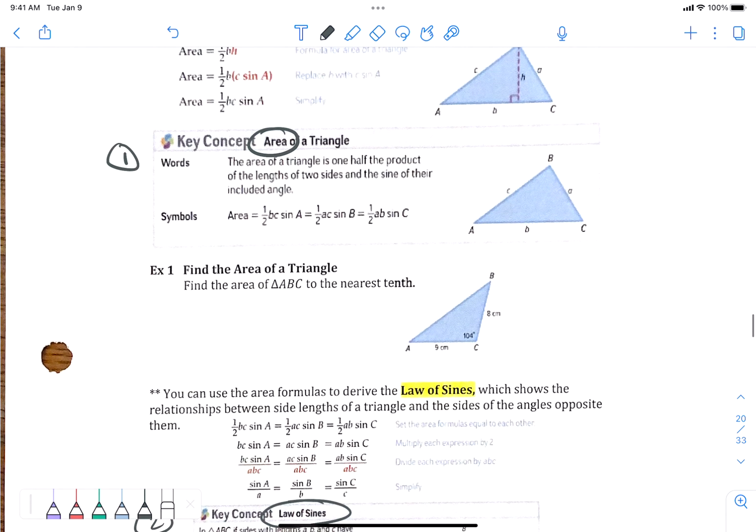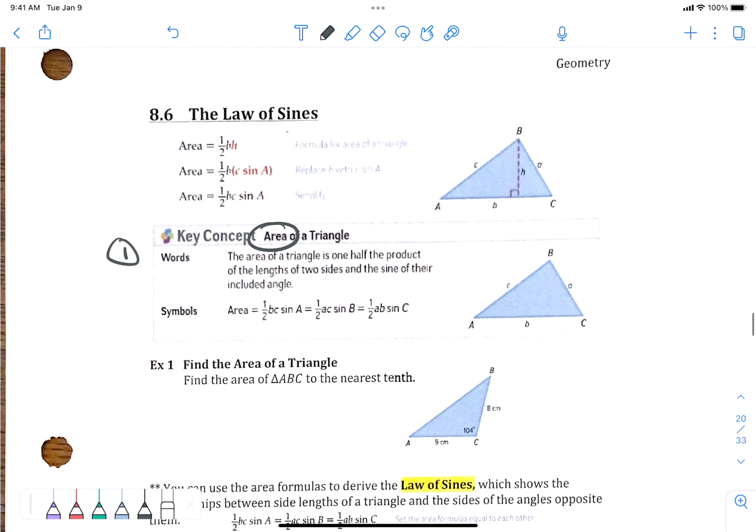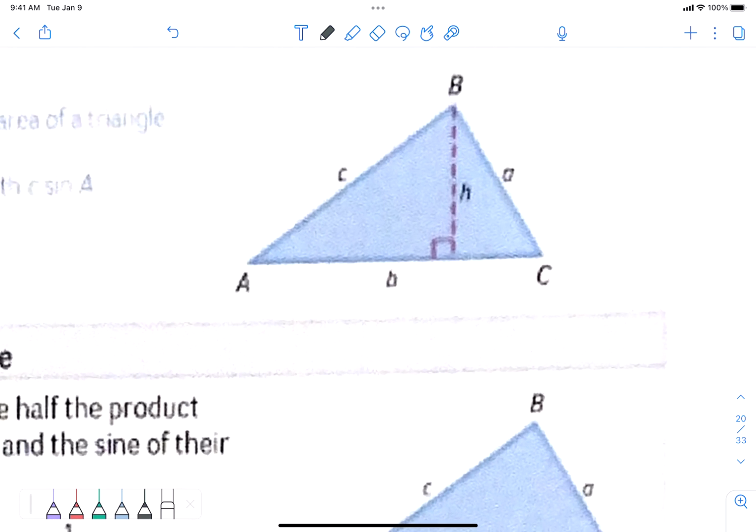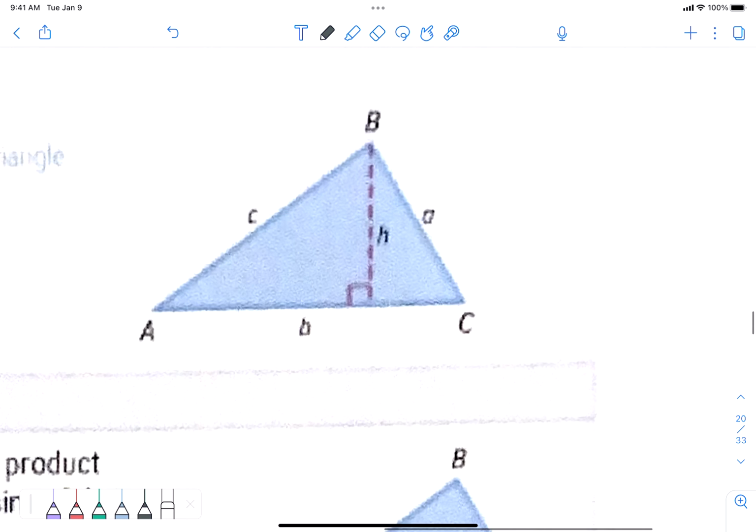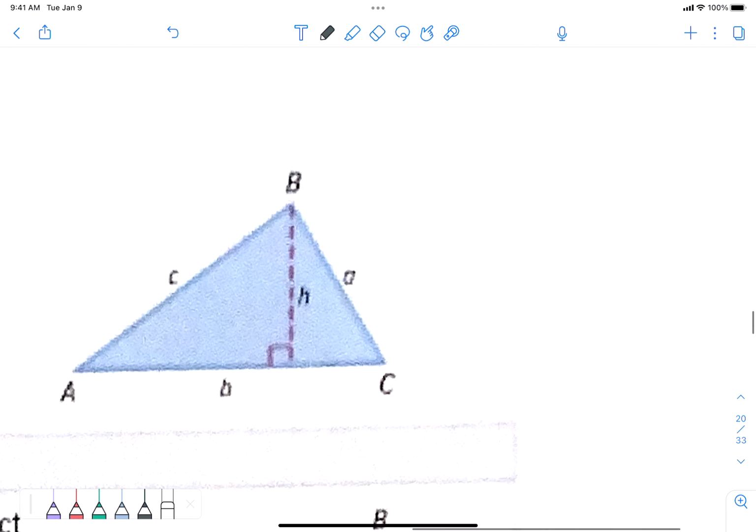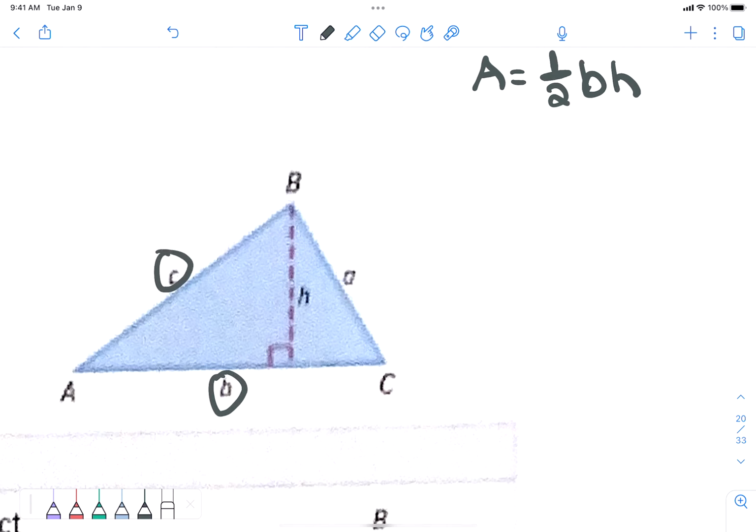Okay? The first thing that we talk about with the law of sines is the area of a triangle. Check this out. I'm going to refer to this triangle up here at the top. And you probably know that the area of a triangle is 1/2 base times height. Agreed? But when you have a triangle that's labeled like this, you might know these sides.